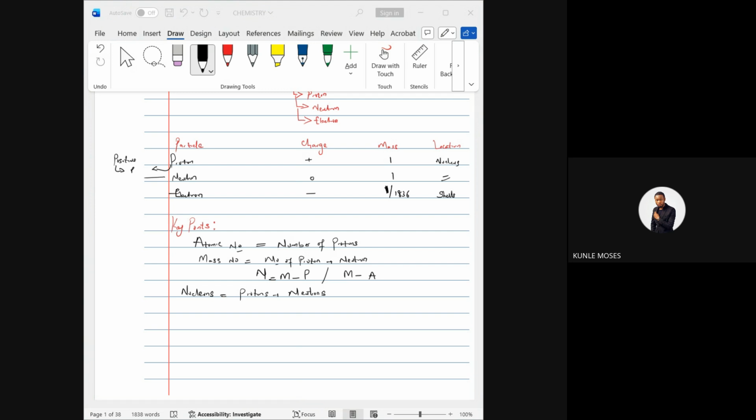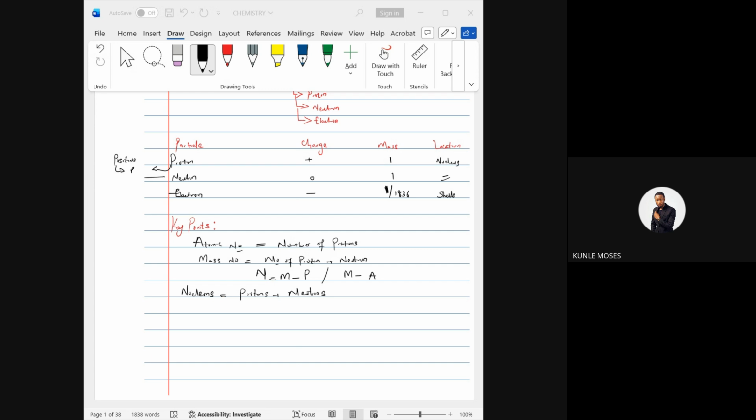If they ask you, what is the number of protons in sodium? Since the atomic number of sodium is 11, what will be the number of protons? Anybody? Sorry, so what's the atomic number of sodium?